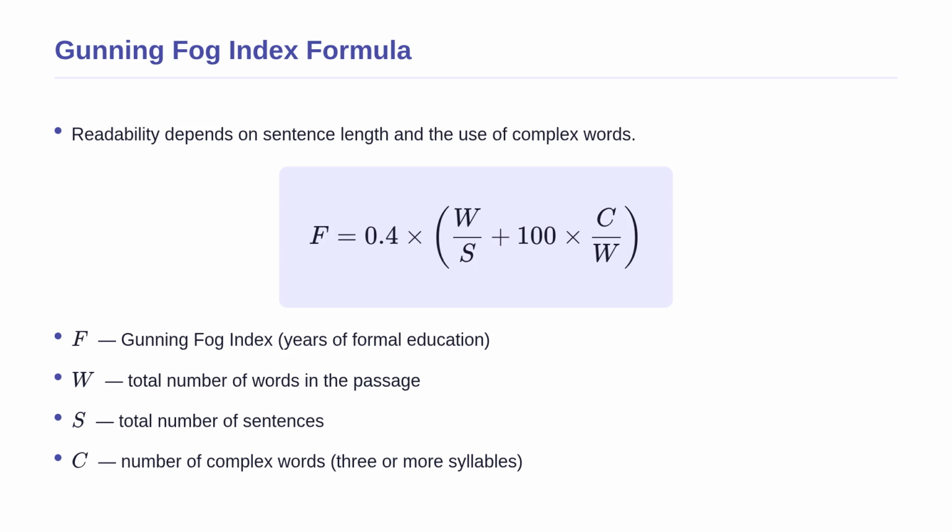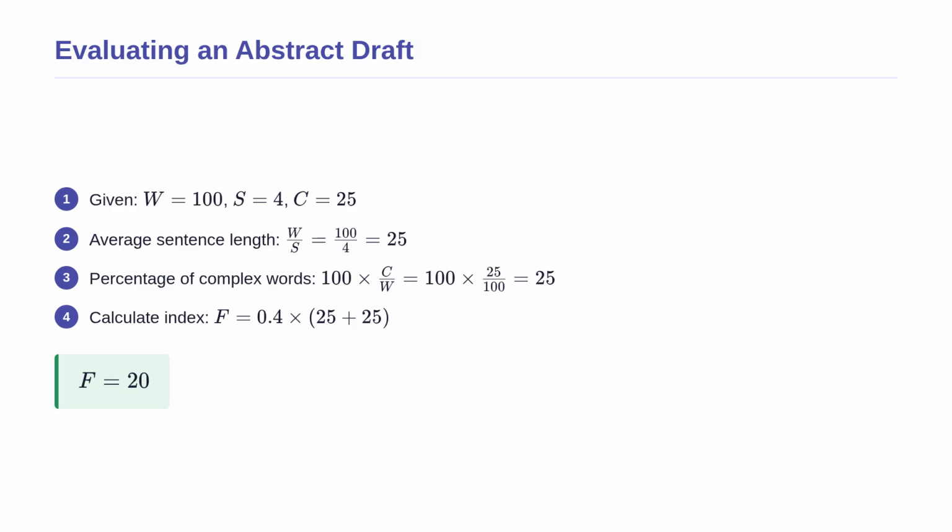Now that we have our formula, let us apply it to a struggling student's draft abstract. We are given a paragraph with exactly 100 words, written in only 4 very long sentences, containing 25 complex words. First, we find the average sentence length by dividing 100 by 4, giving us 25 words per sentence.